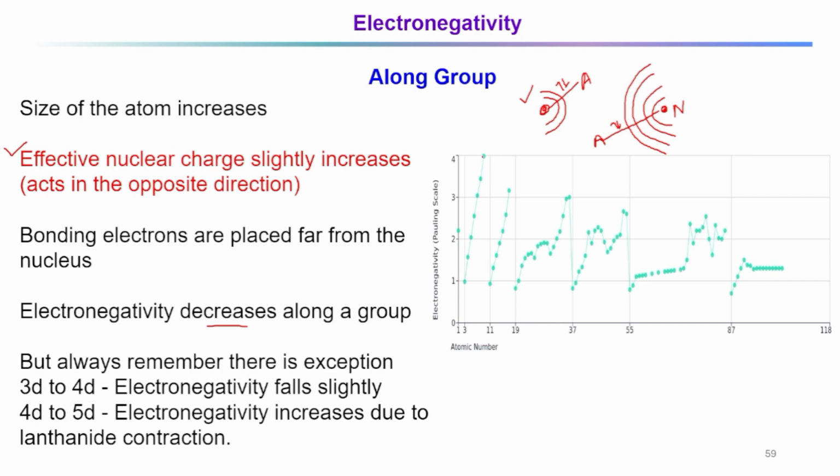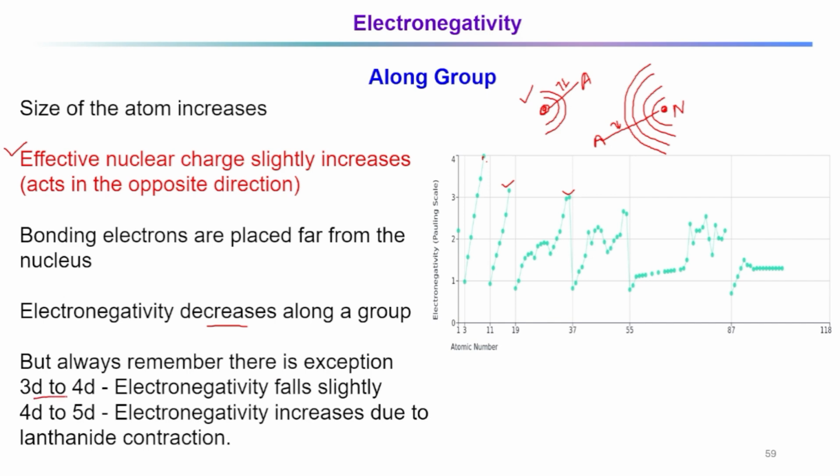Now if you see this element, fluorine, then chlorine, then bromine, these elements show that as you go from top to bottom along the group, the electronegativity decreases. But there are some exceptions, and the exception lies in the D series.